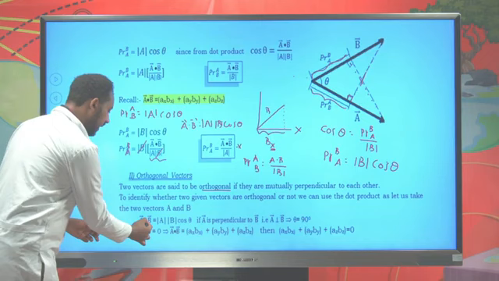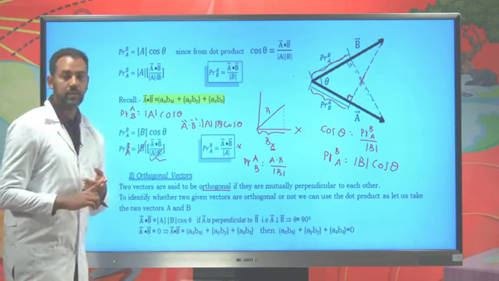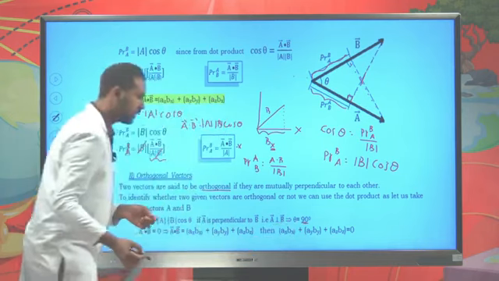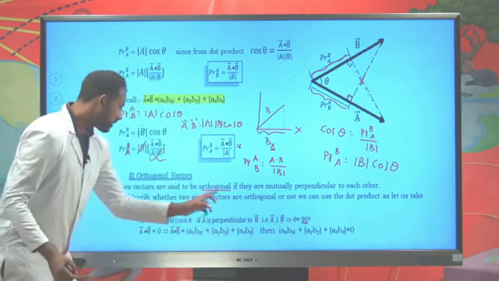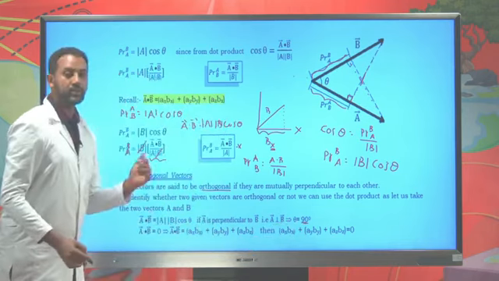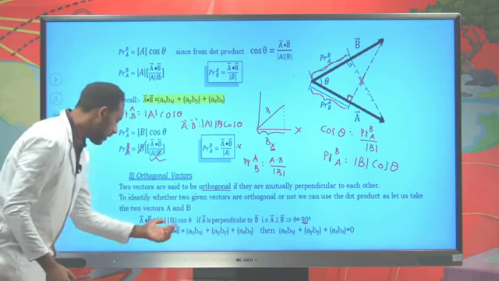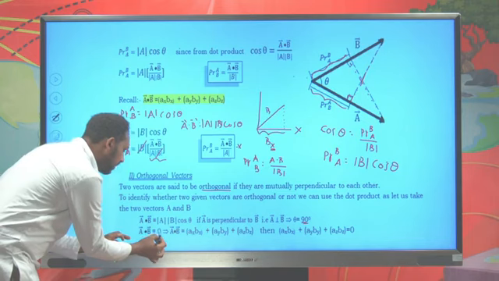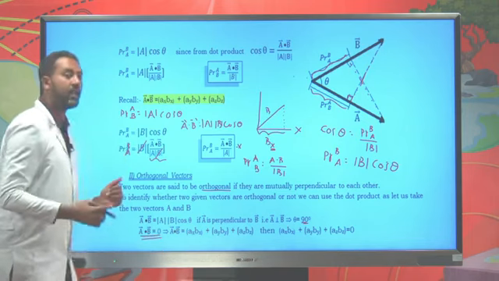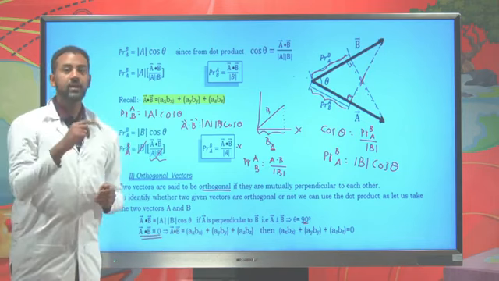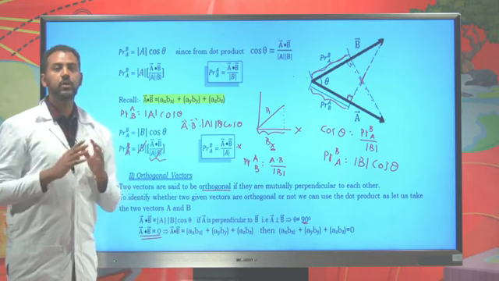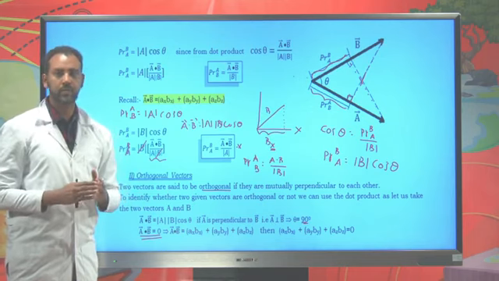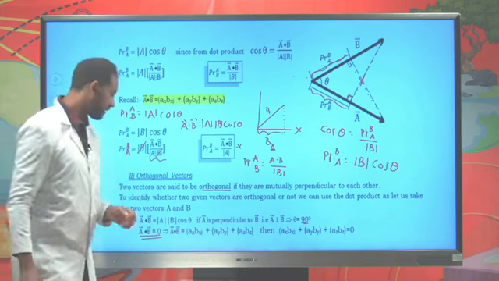If two vectors A and B are perpendicular to each other, the angle between them would be 90 degrees. When you substitute cosine of 90, you know that cosine of 90 gives you 0. So magnitude of A, magnitude of B, cosine of 90 gives us 0. Whenever you determine A dot B, if the result is 0, you can say that the two vectors are mutually perpendicular to each other, or they are orthogonal vectors.